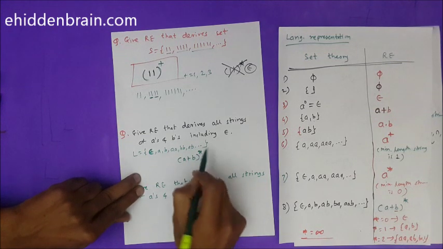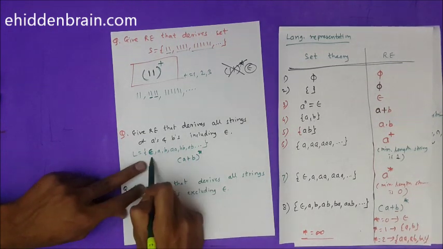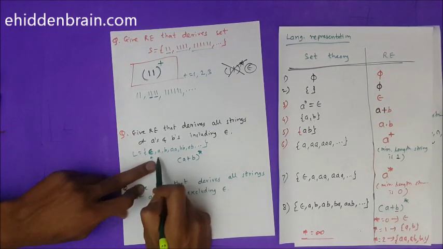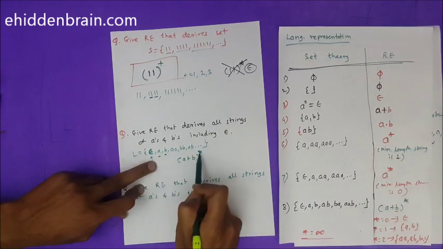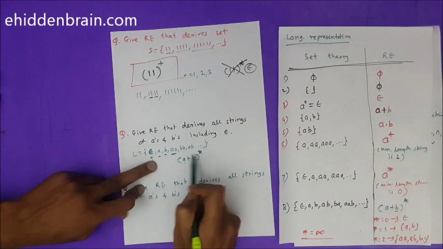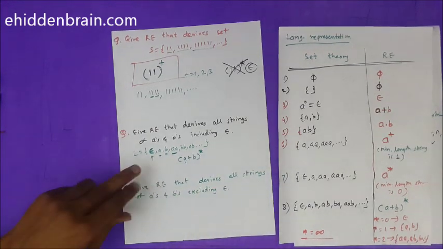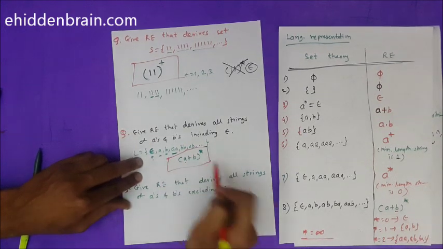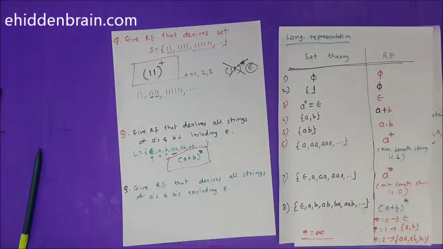Why A plus B star? Star can be 0. If star is 0, then epsilon will be generated. If star is 1, you can select either A or B. If star is 2, you can go inside twice, means first time you can select A, second time also A, and then you will get 2 A's. Similarly, B's and all the strings of A's and B's will be generated, and this is the valid regular expression for the given question.